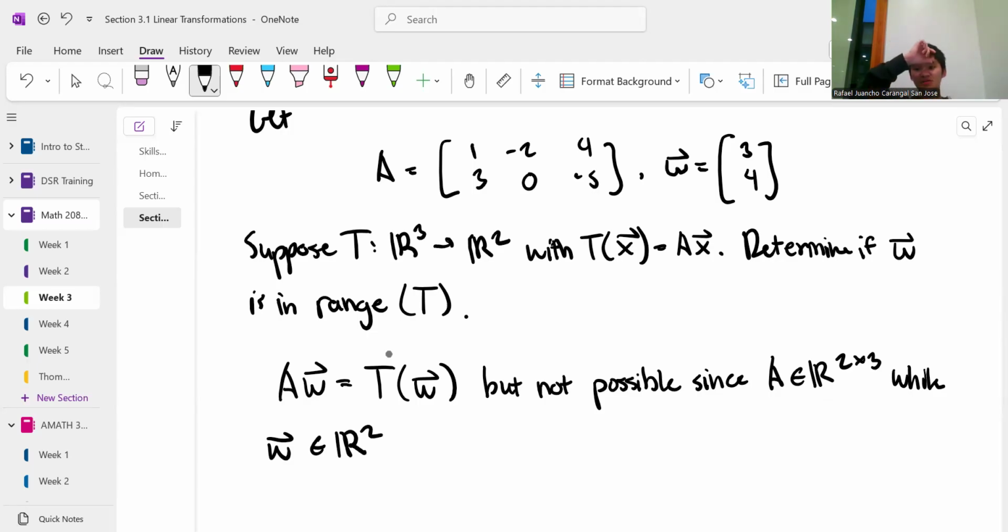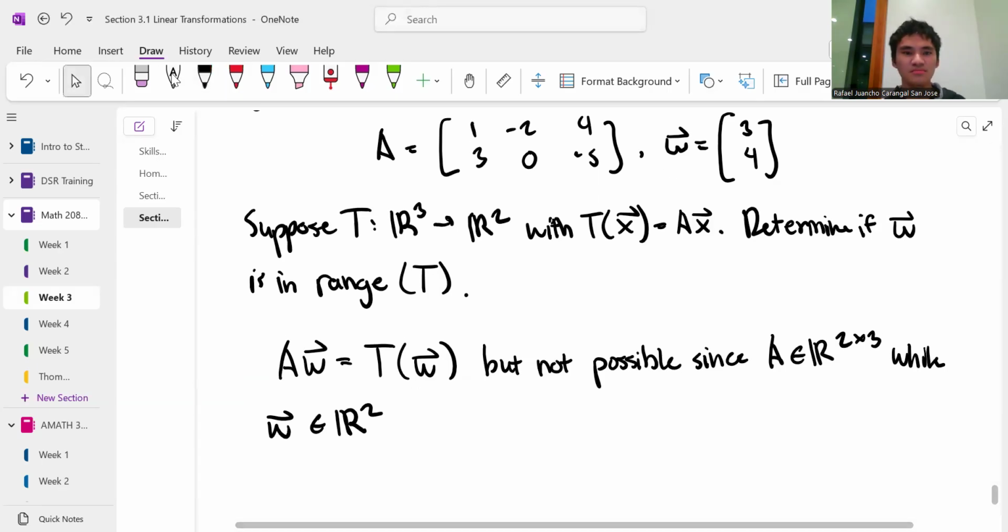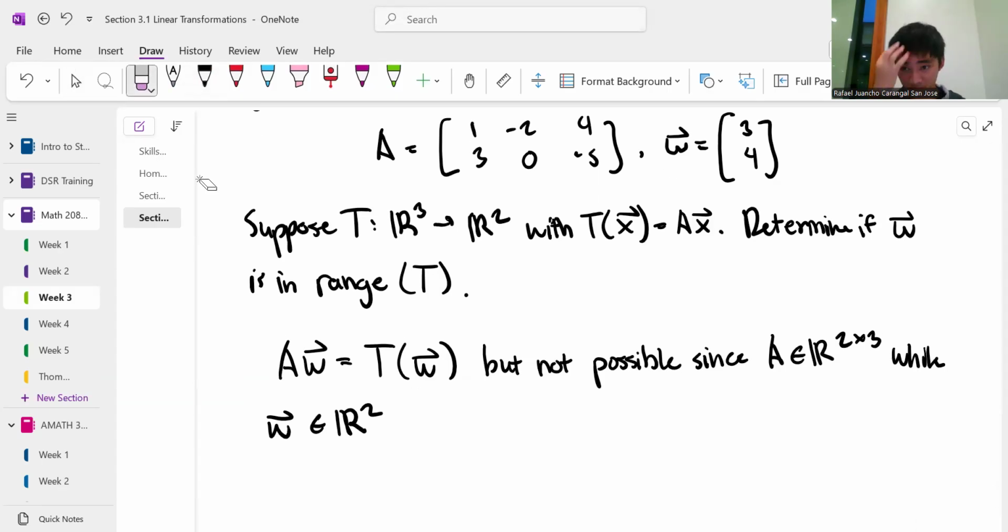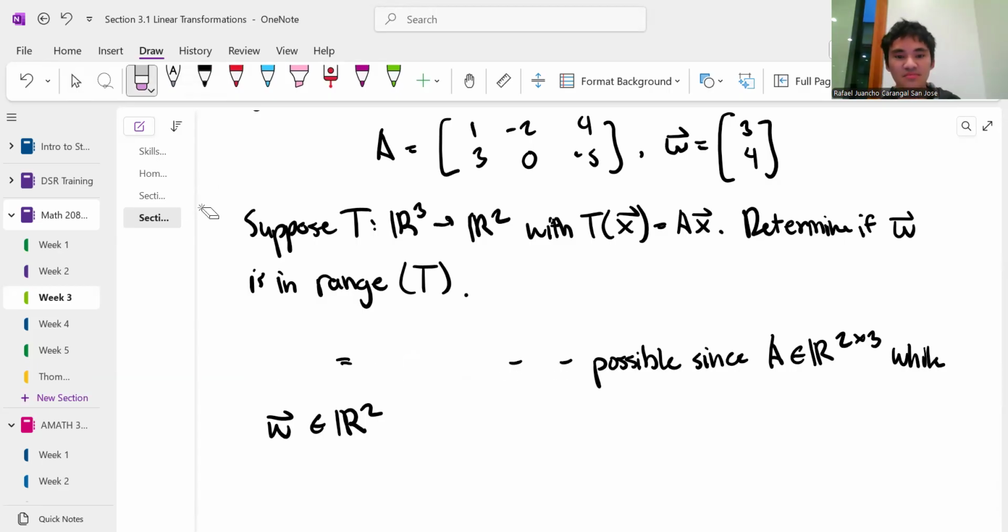So the number of columns of A do not work, if my idea is correct. Oh, never mind. We have to do AX. It's in range of T. I see what's happening. Never mind. I was going to say something different.